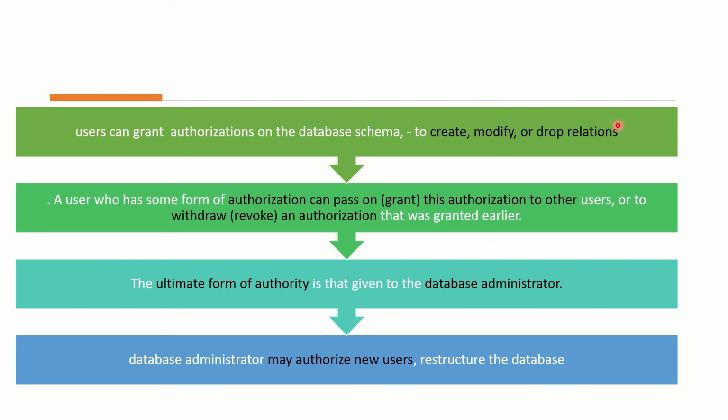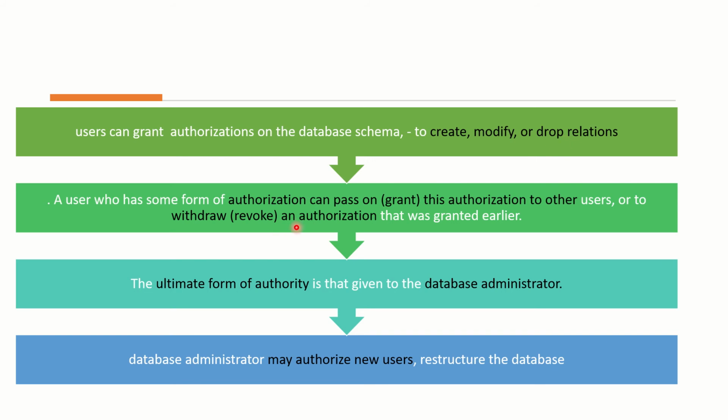So that is also another type of authorization. The first we discussed is authorization to access data. That is, we already have a table, and on the table different authorizations can be given to delete, insert, update, or retrieve data. Next, it is also possible to grant authorization on a relation, like creating tables, modifying tables, and dropping relations.